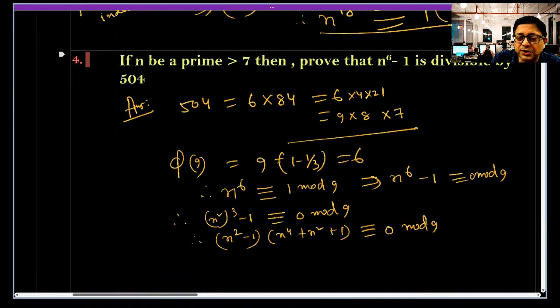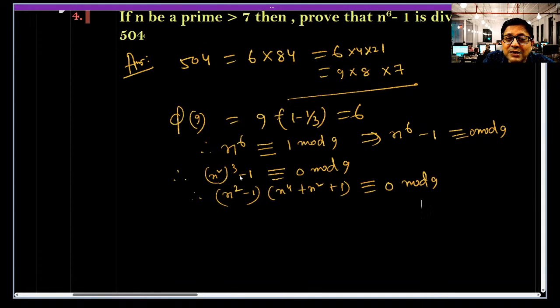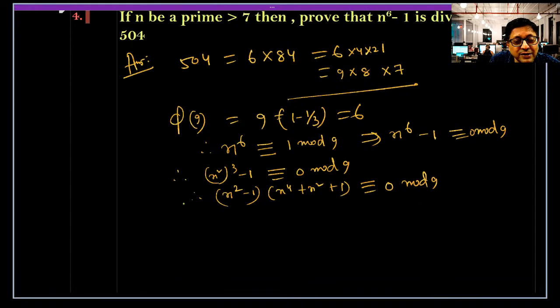I have done the factorization over there, n square minus 1. Okay? So if you can prove that, it is proved that it is divisible by 9, isn't it? 9 divides n to the power 6 minus 1, this is proved. n to the power 6 minus 1 is on the left side.